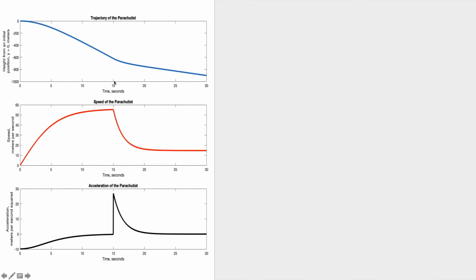At 15 seconds, his chute opens, and then his speed immediately decreases. His acceleration becomes positive and increases by as much as 3 times, and then starts to decrease. The positive acceleration is good and what is causing his speed to decrease.